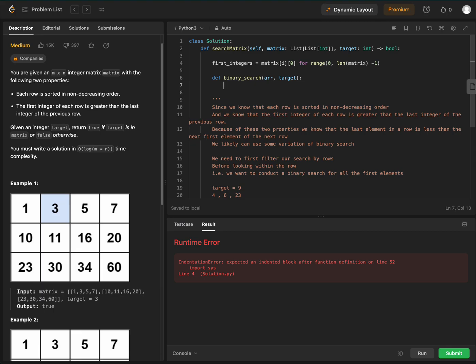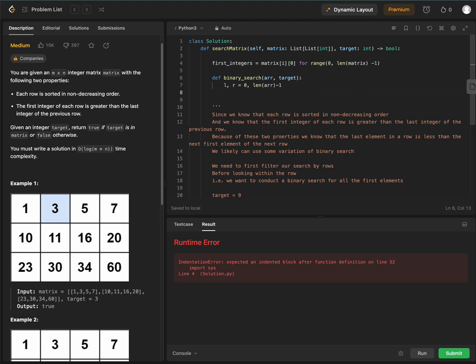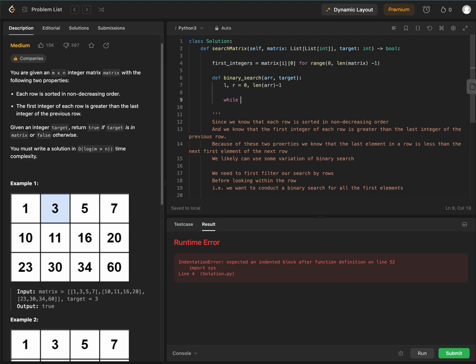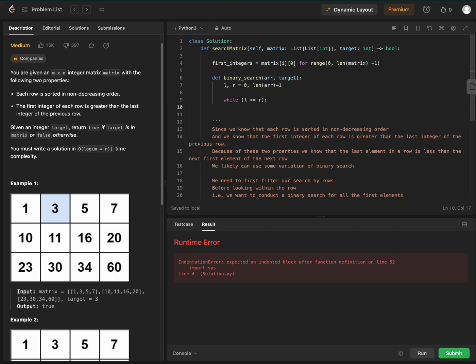And this one we would like to do L, R equals 0, length of array -1, and then while L is smaller than or equals to R, we want to initialize mid equals L plus R // 2, and then we want to make sure that we have middle.